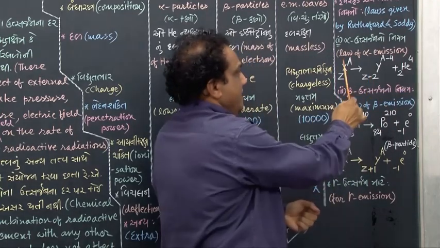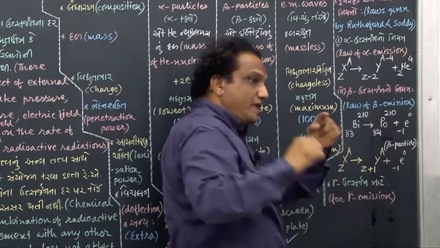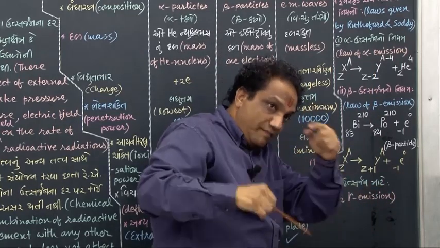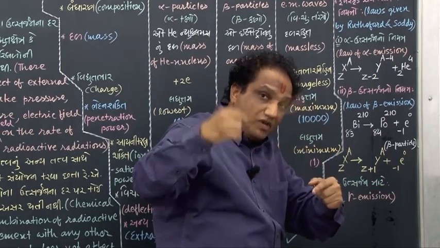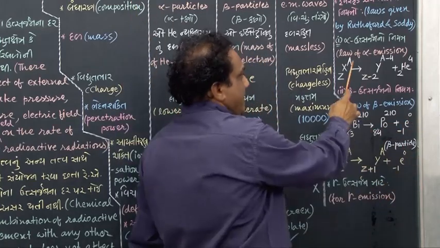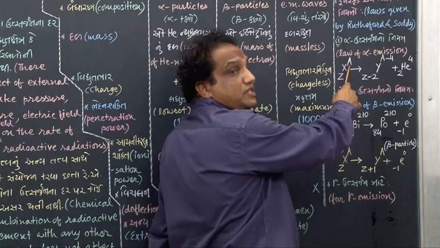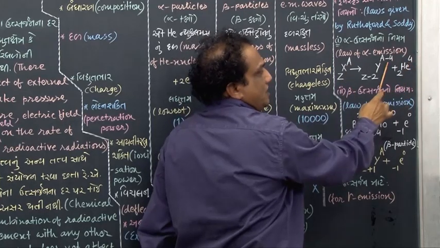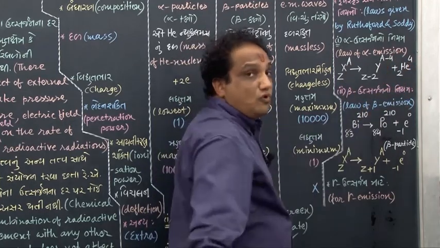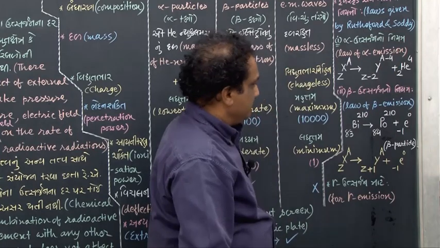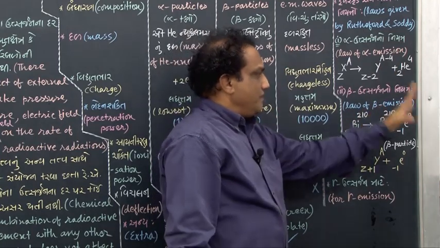Fine. And as atomic number changes, the element would change. As element changes, you must change the chemical symbol also. From X, you must change it to Y. And here atomic mass number is A, here it is 4. So here you must write A minus 4. Correct? Fine.